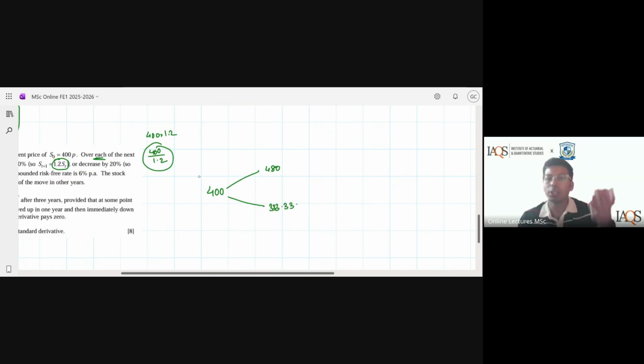Now remember, I'll tell you all this beforehand. When you look at the IFO solution, IFO has mentioned that for students who took the value of U as 1.2 and took the value of D as 0.8, they've given full credit marks for this question. Even if instead of taking it as divided by 1.2, you did it originally like we do, decrease by 20%, that means D is equal to 0.8 and multiply by 0.8, even that is given full credit marks.